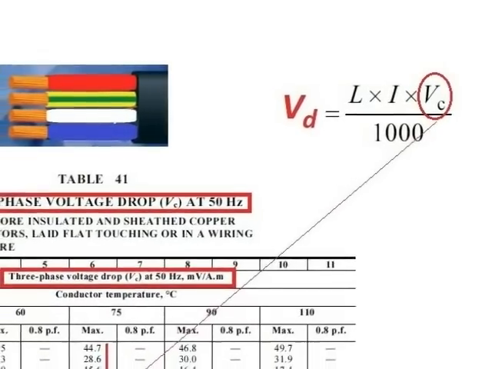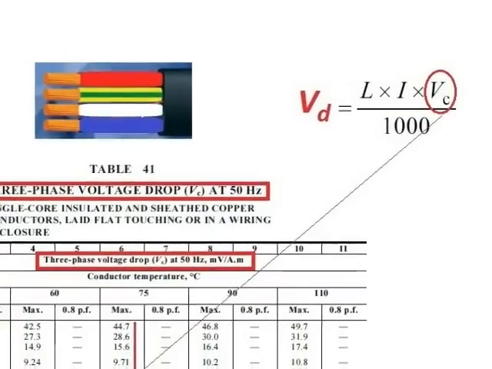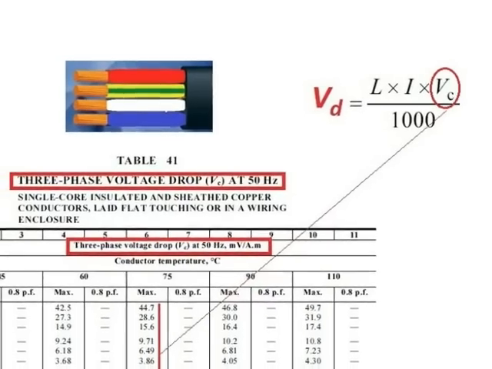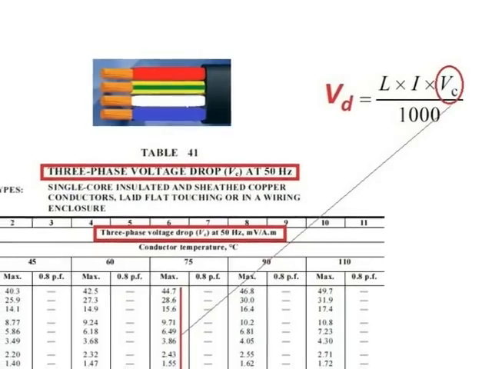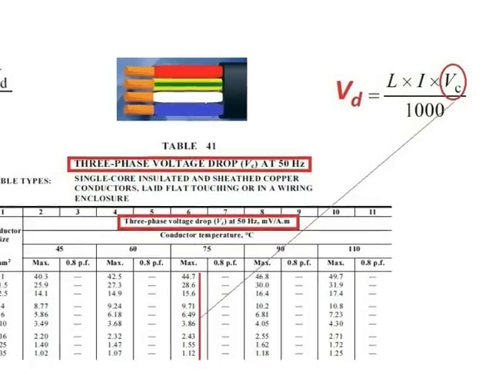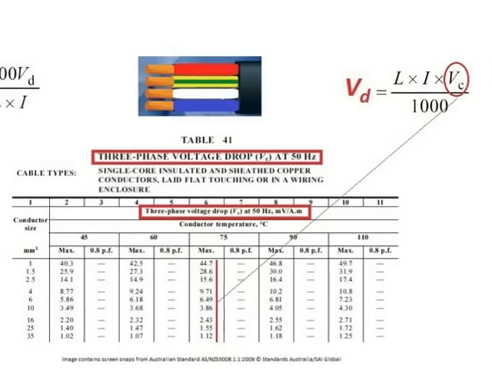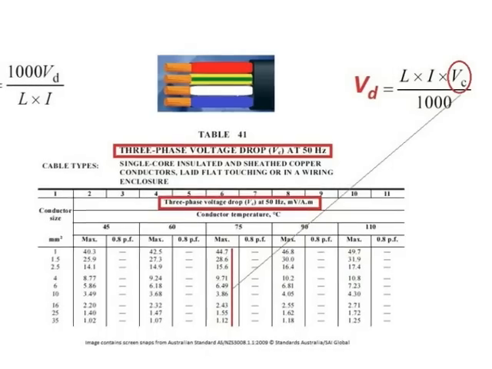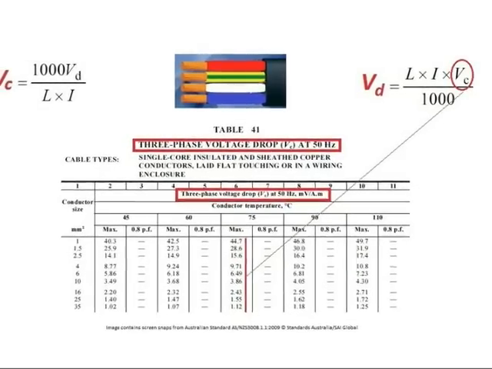Here I'll be looking up the VC for a given size cable, whether that cable is 4 mil, 6 mil, or so forth, and put that into the formula. So my VC will go into the formula, and that will provide me with an actual volt drop that will occur, like I said, when that full load current is flowing in that conductor.